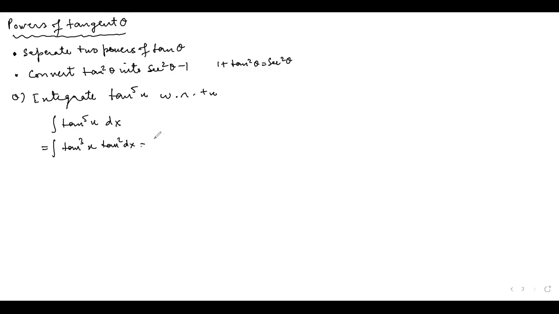At the place of tan square x, we will put secant square x minus 1 dx. This is tan cube x secant square x dx minus tan cube x dx.